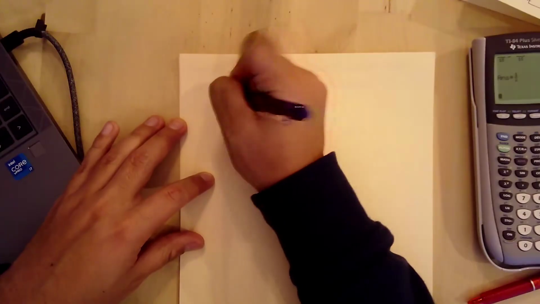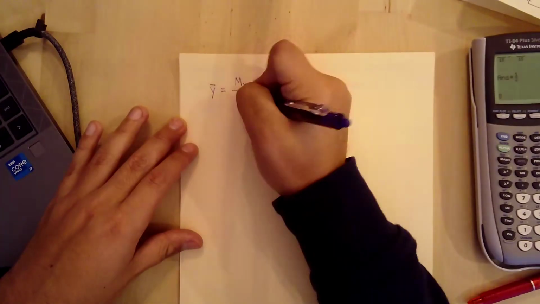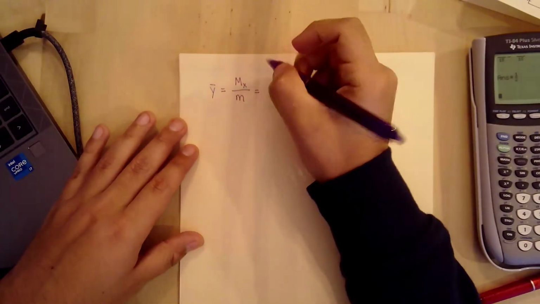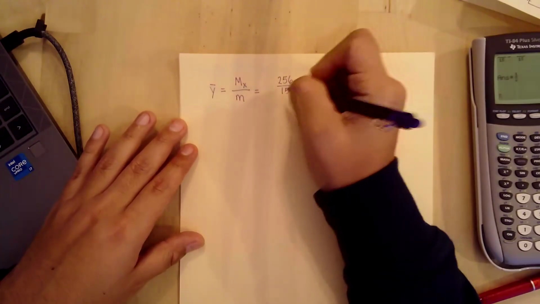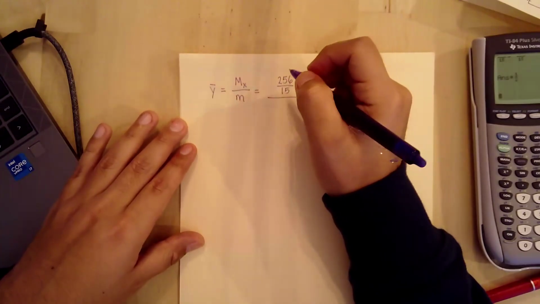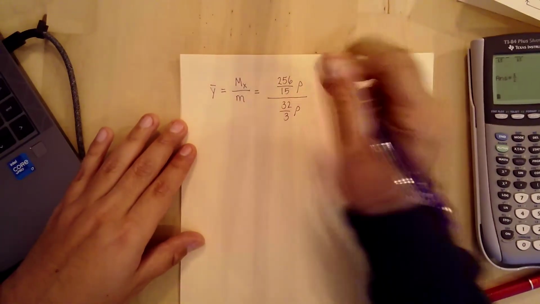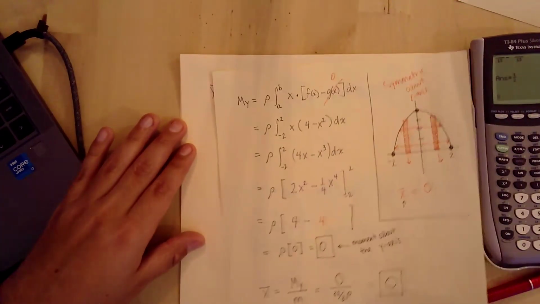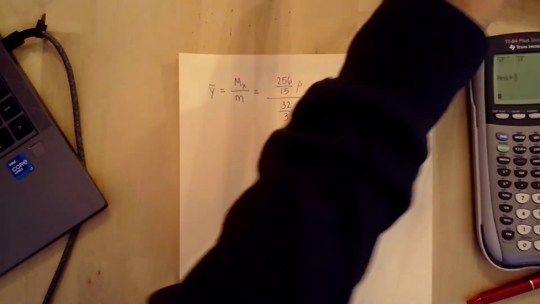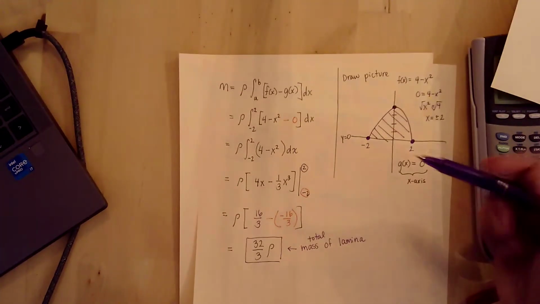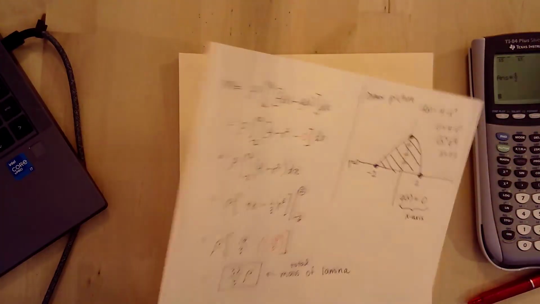So y bar is equal to the moment about the x-axis divided by the mass, which is going to be 256 over 15 rho divided by, we said it was 32 over 3 rho. Just double checking my math on this one. Where do we put it? Ah, yes, here we go. This is the work that we did when we found the mass, right? 32 over 3 rho. Good.